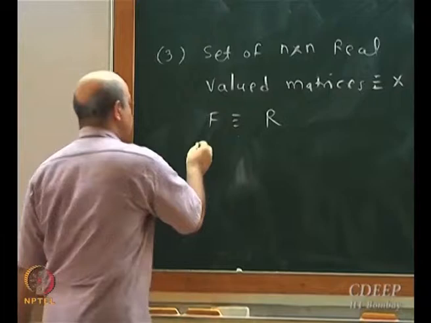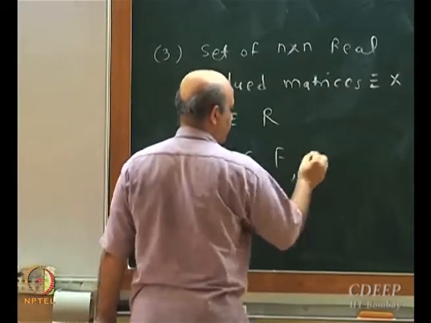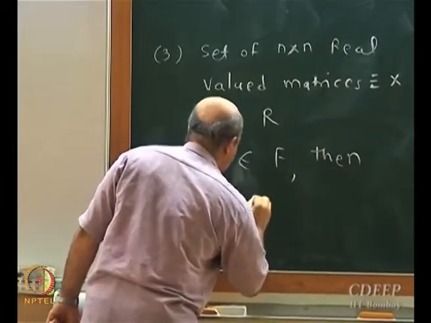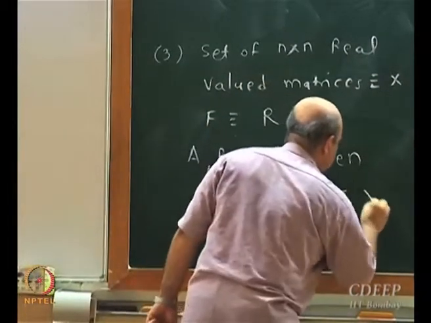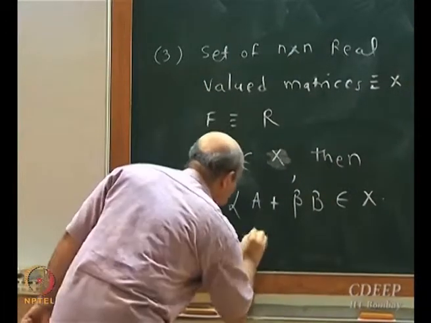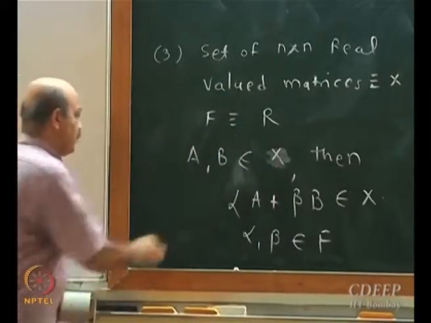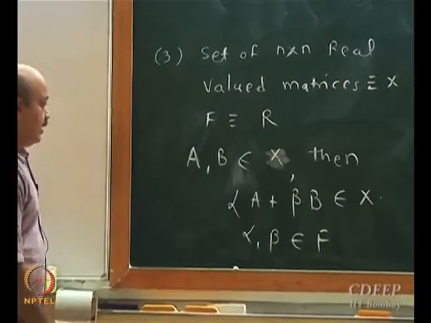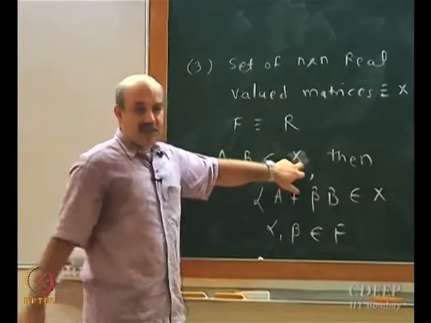So if I take any two matrices, say A and B, then any alpha times A plus beta times B also belongs to X. This is X here, and alpha, beta belong to F. These are vectors in this vector space.